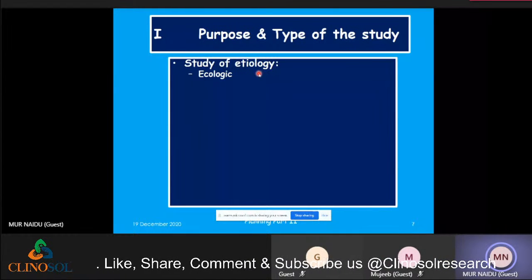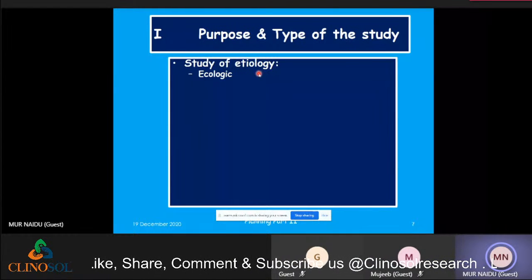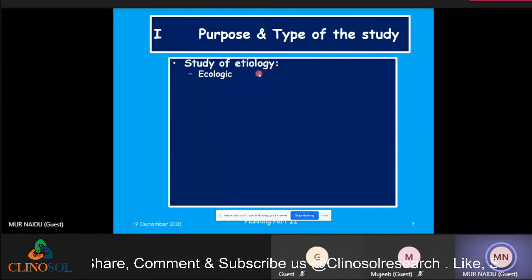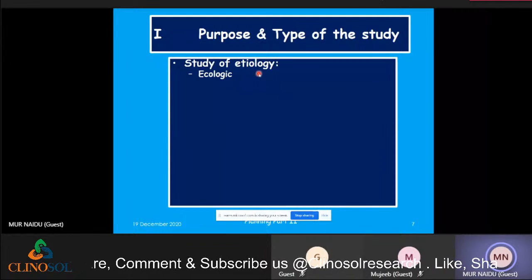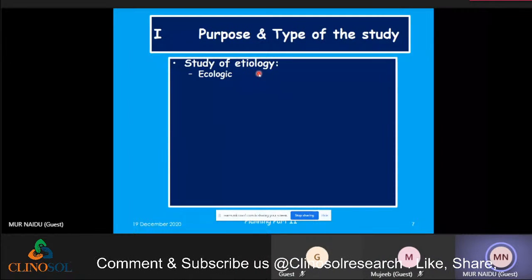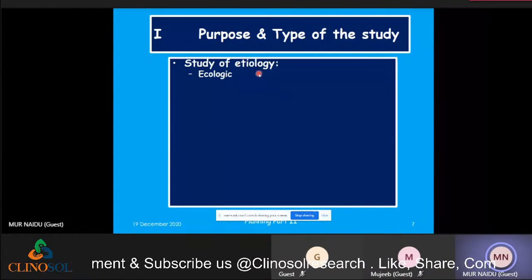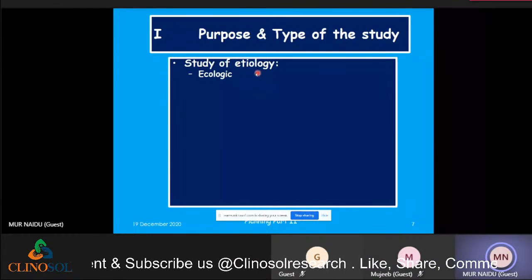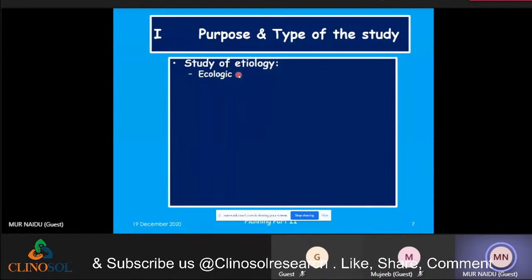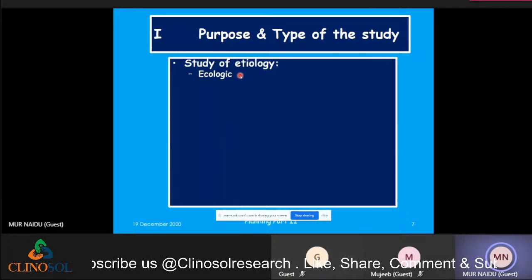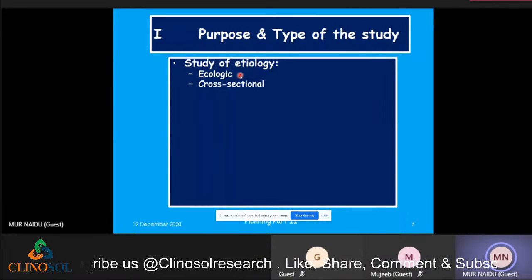It is just ecological. For example, we have a lot of air pollution, or the water contains a lot of silica. People consuming silica water are developing bone deformity. So the study is only etiological because an ecological factor in nature may be responsible for a particular problem.